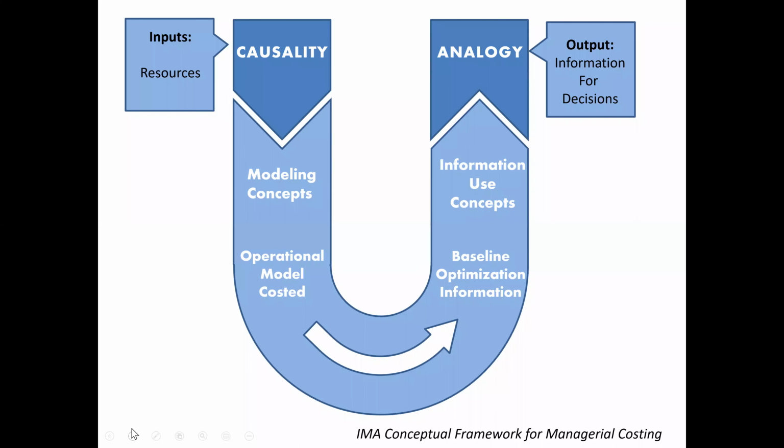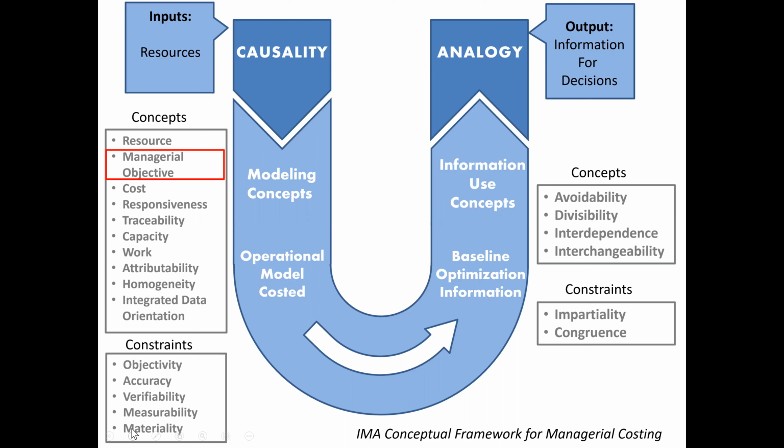What it seeks to achieve through a causal model is an operational model that is costed, not a financial model that resembles operation, but rather an operational model that is costed. The costs are designed to be collected for and to reflect that operational model. That becomes your baseline optimization information, and then you apply information use concepts as you look at that.